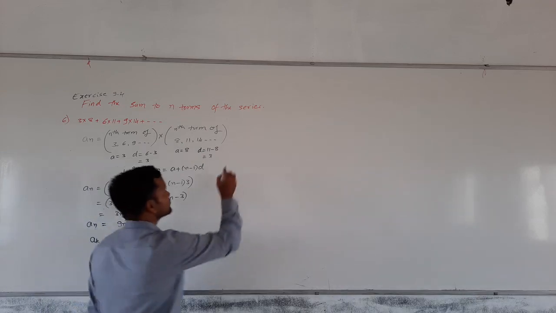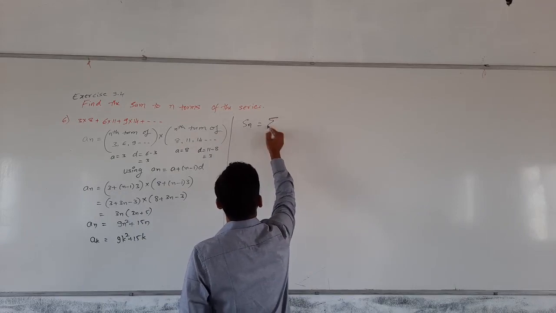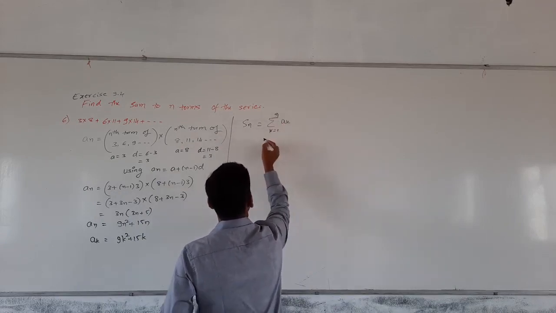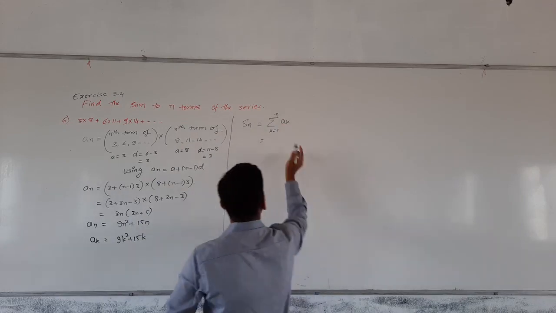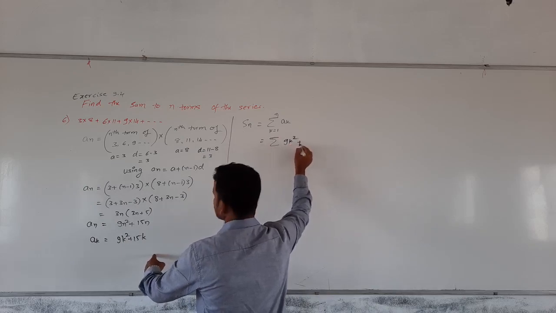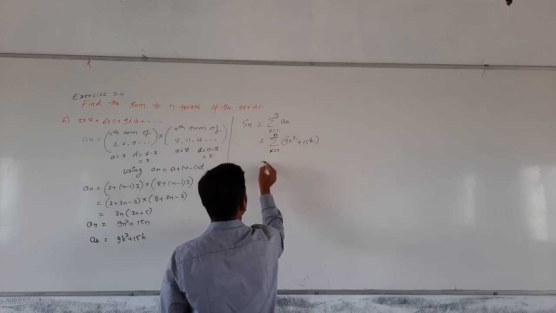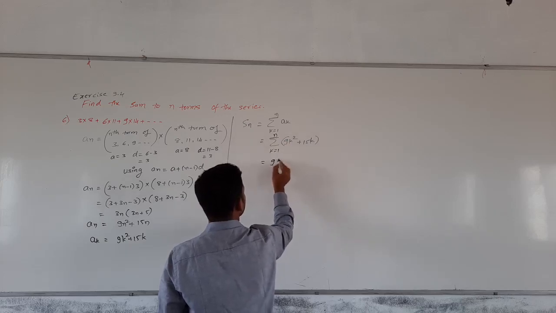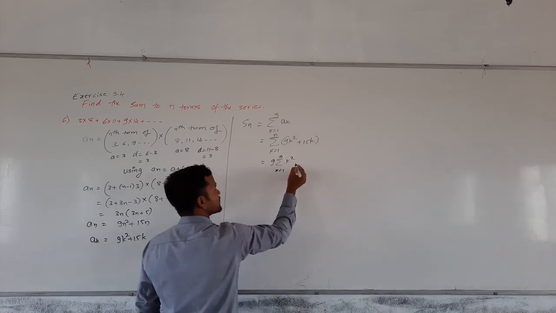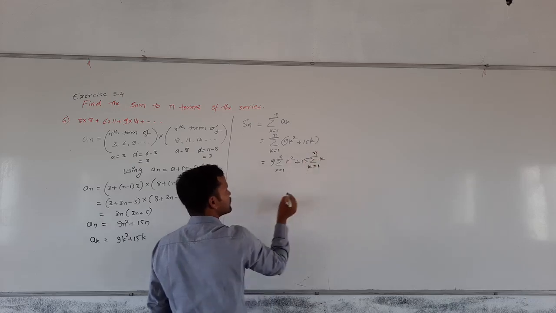We got the kth term. Finding Sn, the sum of n terms, using summation: summation of Ak, where k varies from 1 to n, is equal to summation of 9k square plus 15k, where k varies from 1 to n. This can be written as 9 into summation of k square plus 15 into summation of k, where k varies from 1 to n.